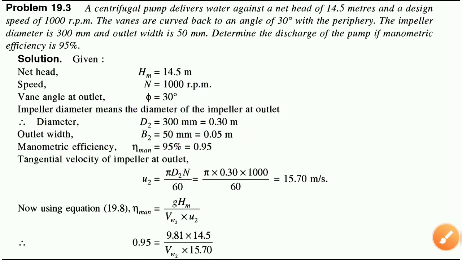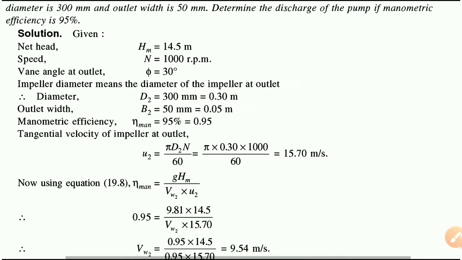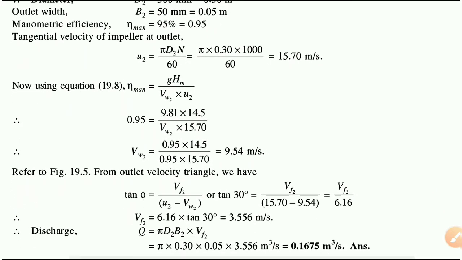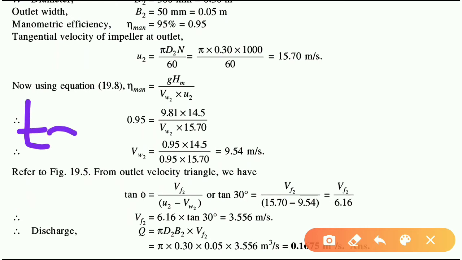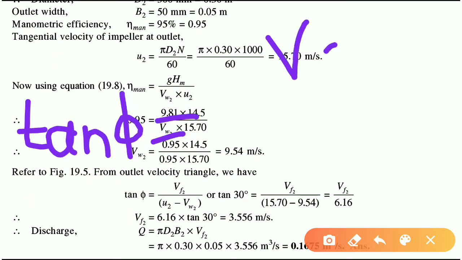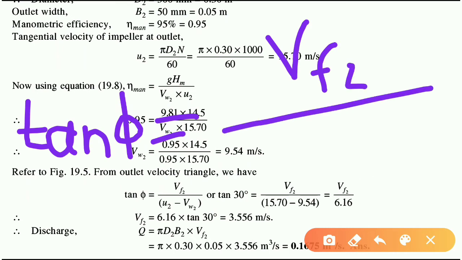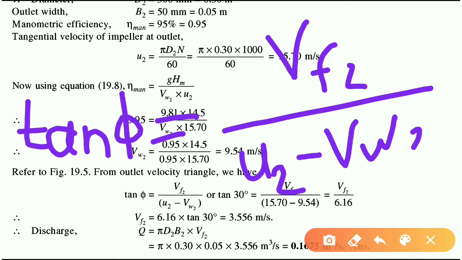So how to find this value of Vf2? We know the formula tan phi is equal to Vf2 divided by u2 minus Vw2 from the outlet velocity triangle. We have seen this formula in the last example also.